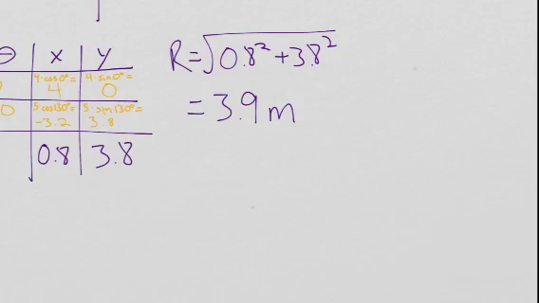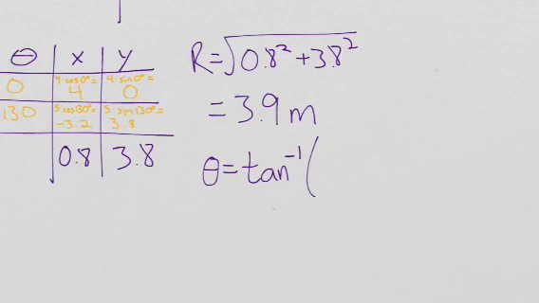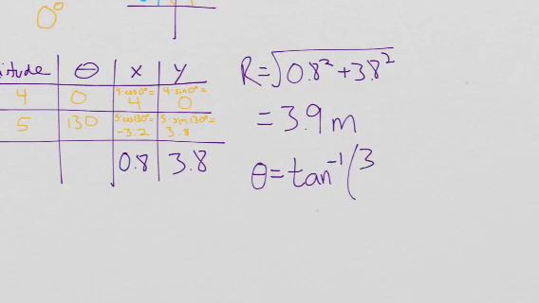So here we can have our theta equal to the inverse tangent of r sub y over r sub x. Again, your calculator should be in degrees this entire time.